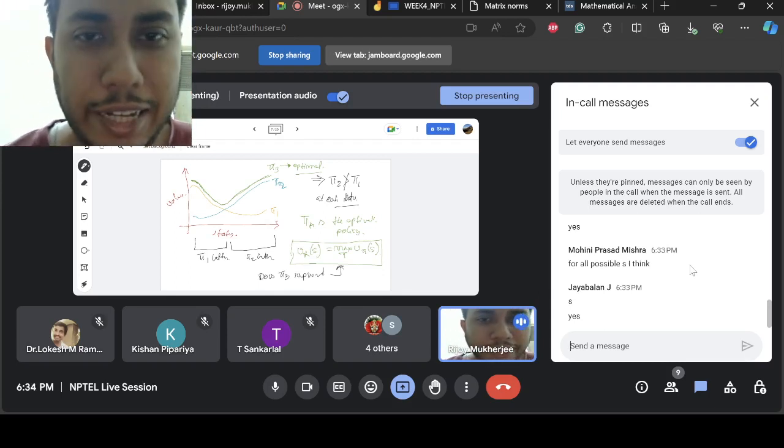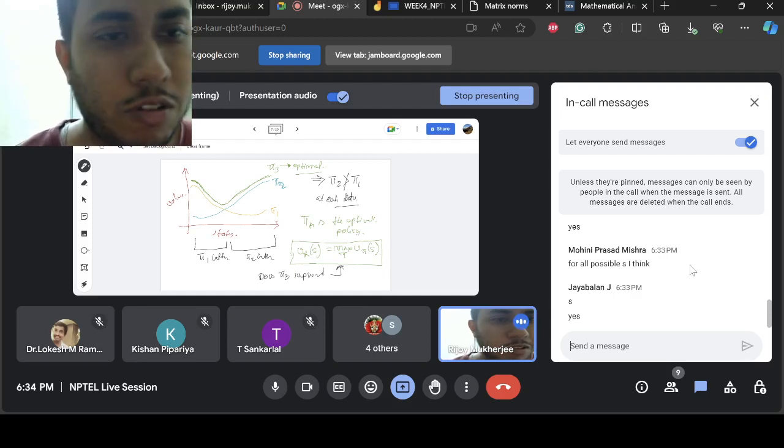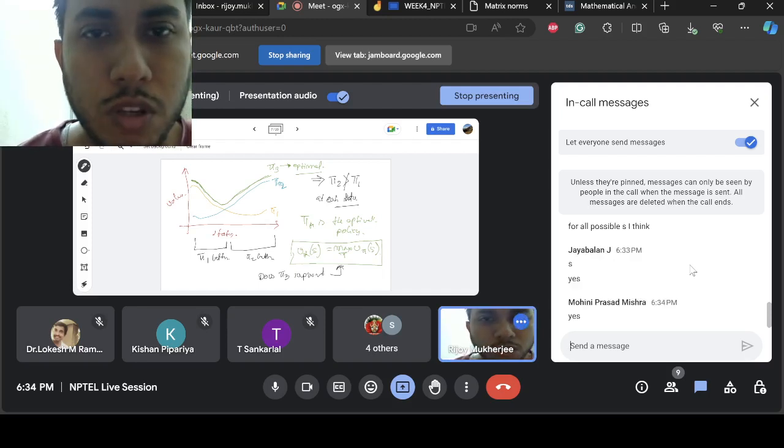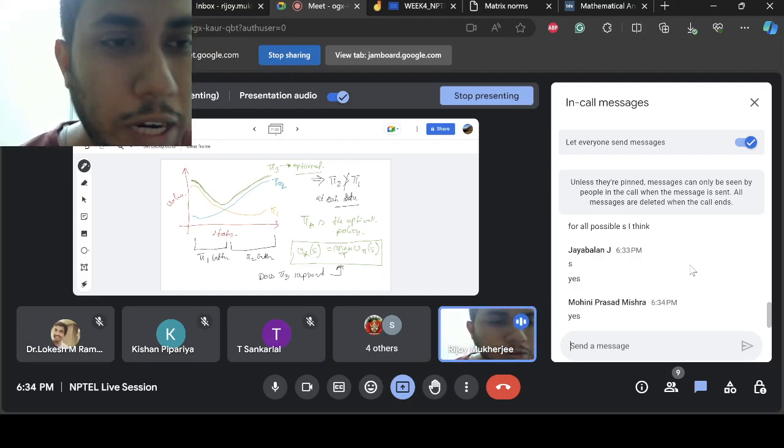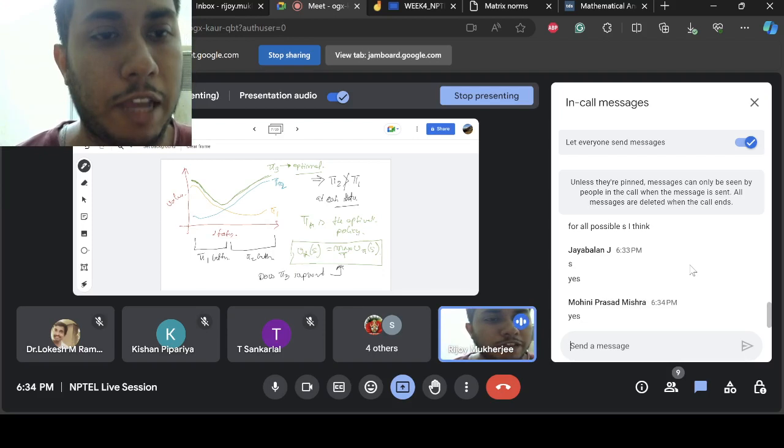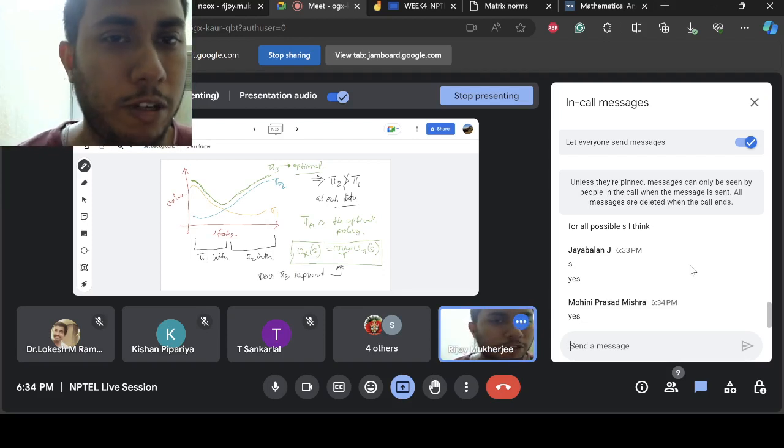So that is the intuition I am trying to convey. You have two different policies, but what you have to find out is, for each policy at each state, we will select the one which gives me the best value, right? So that is my goal at this point of time when we are trying to find the optimal policy.